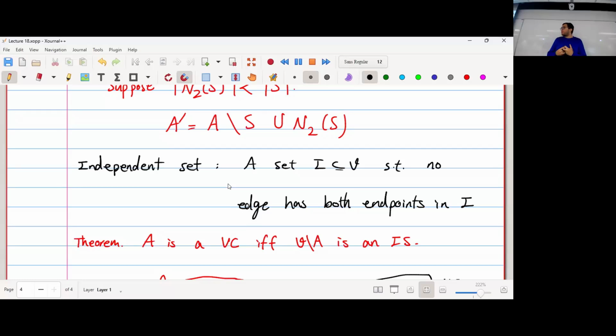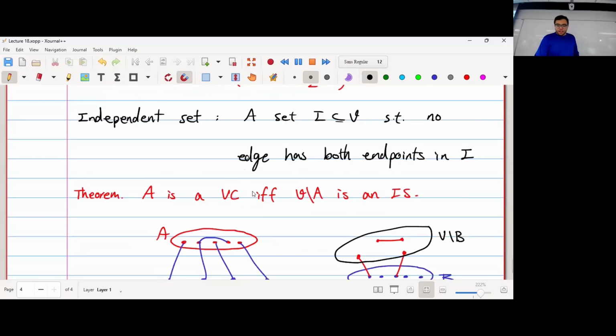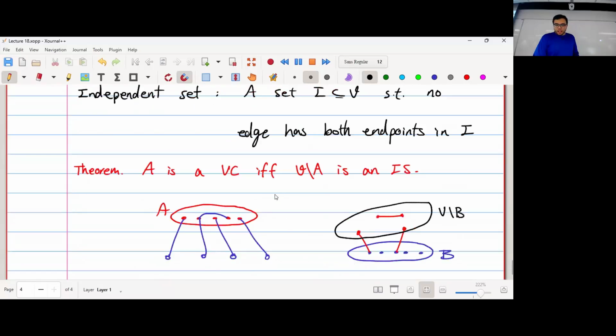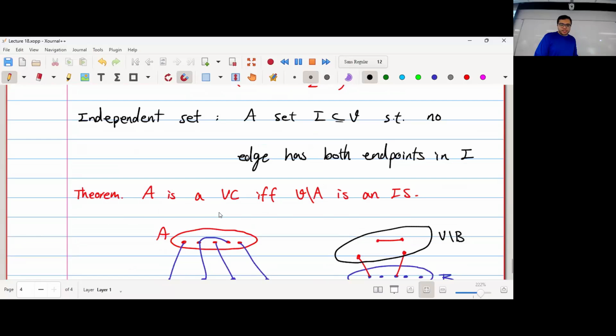So we want to talk about the maximum possible size for an independent set. But I know that if I have an independent set, its complement is a vertex cover, and vice versa. So if I want to find my maximum independent set, I can just find my minimum vertex cover and take its complement, right?